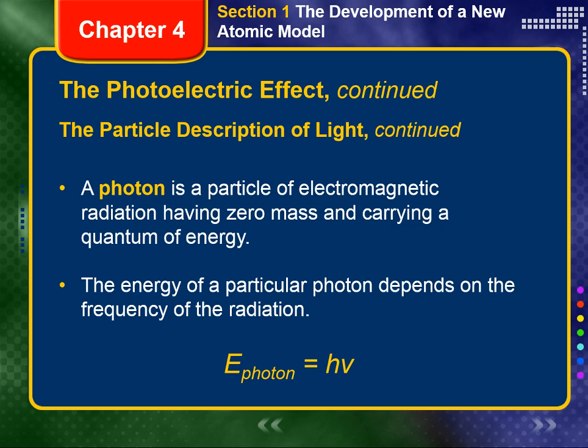According to the equation E sub photon is equal to h nu, this minimum energy corresponds to a minimum frequency. If a photon's frequency is below that minimum, then the electron remains bound to the metal surface. Electrons in different metals are bound more or less tightly, so different metals require different minimum frequencies to exhibit the photoelectric effect.